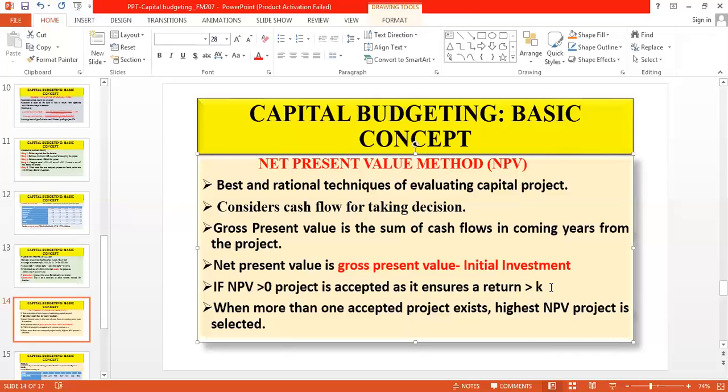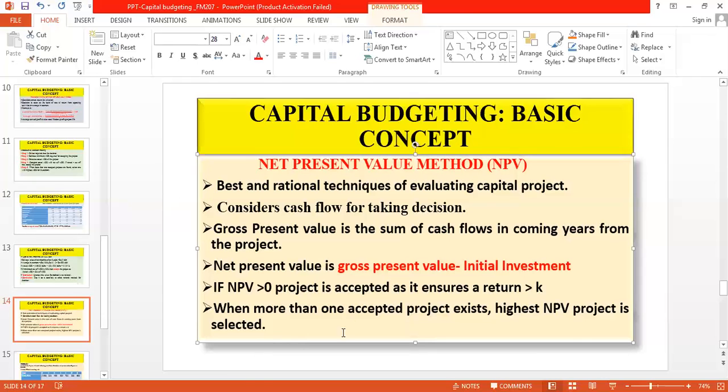Now the question is, what is a mutually exclusive project? Mutually exclusive project means you have to accept only one project. You cannot accept more than one project at the same time. So acceptance of one project will mean automatically the rejection of other projects. Therefore, in ranking decision, the highest NPV project will be selected.